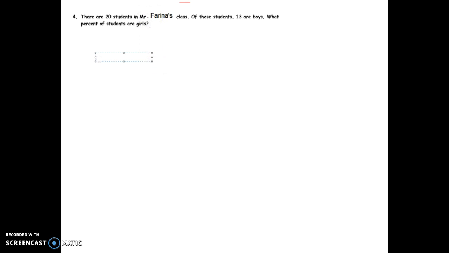So this is the last one we're going to do right now. People are coming in. There are 20 students. Of those students, 13 are boys. So what percent of students are girls? So let's ask for girls over students. Okay, so it's asking for girls over students. So how many students total are there? It tells us right here, 20 students. So we're going to put 20 on the bottom.